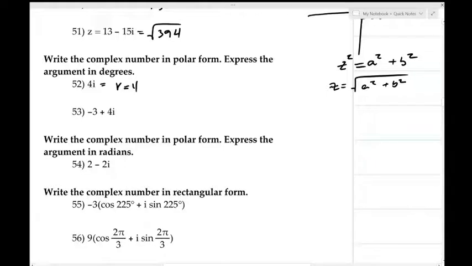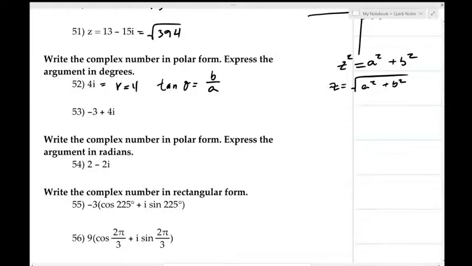and theta will be, tangent of theta equals b over a, where a is the real part and b is the value 4 in this case. Now the problem is that it's going to be undefined, right?